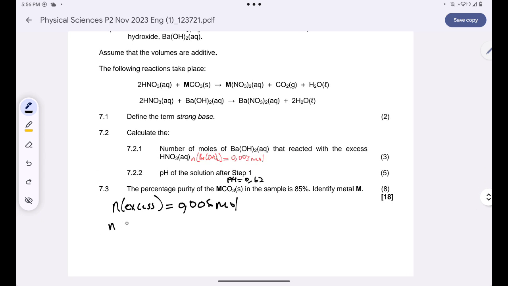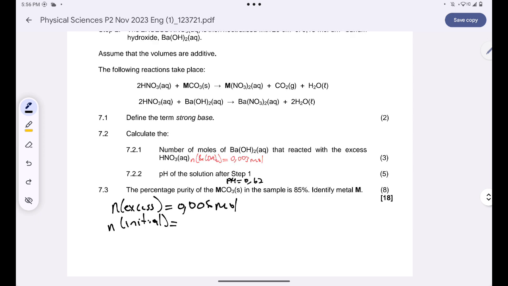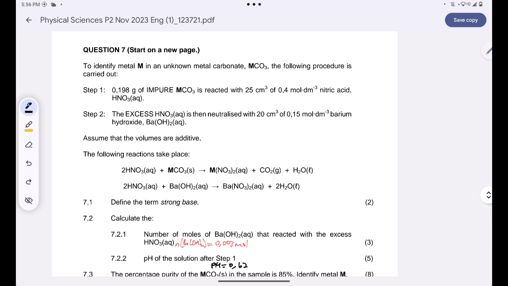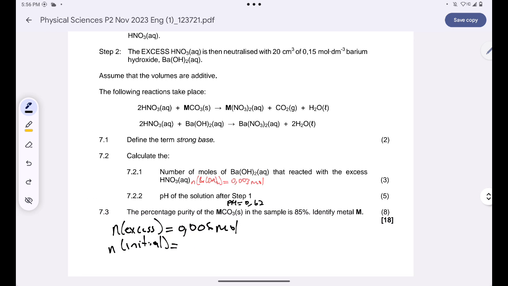The number of moles initial of my acid. What do I have? I have the concentration of my acid and the volume. So I'll simply multiply the concentration and the volume. The concentration is 0.4, multiply, my volume is 25 cubic centimeters, just convert it to cubic decimeters, 0.025.